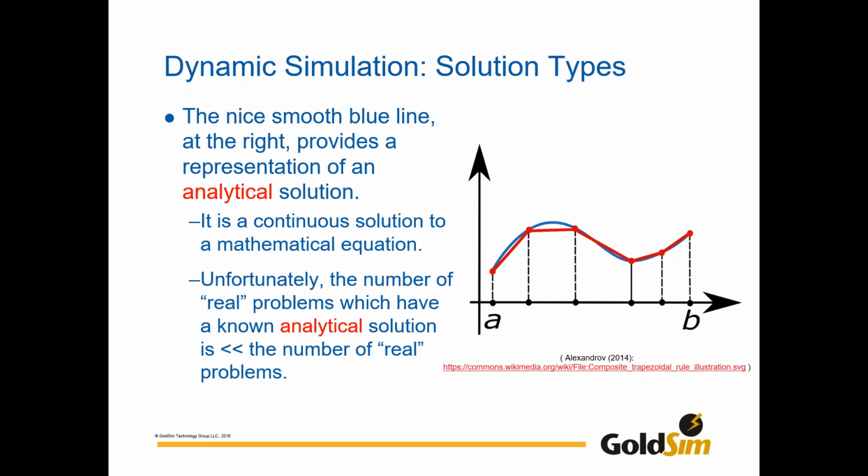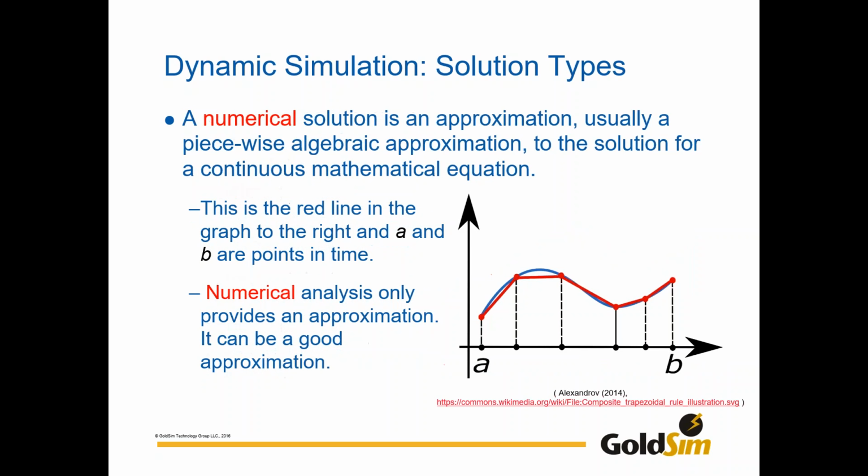So it would be nice if we had analytical solutions for all of our problems. Unfortunately, that's usually not the case, and it's much more often that we have to make an approximation. One way of addressing needing to make an approximation would be to use a numerical solution. That's usually just a piecewise approximation. The red line at the right side of the slide shown on the screen gives a simple example of a numerical solution.